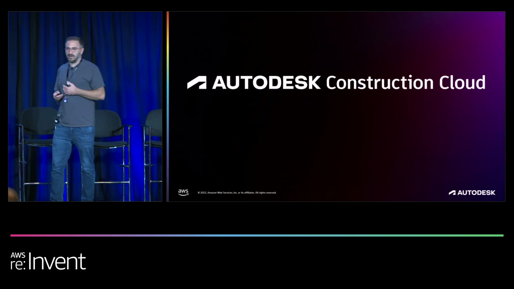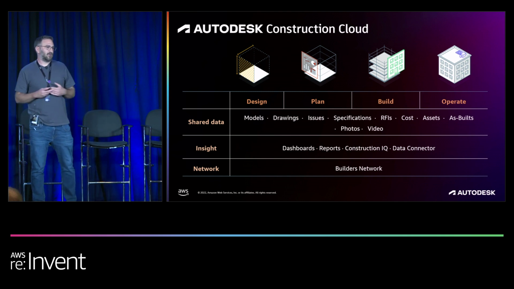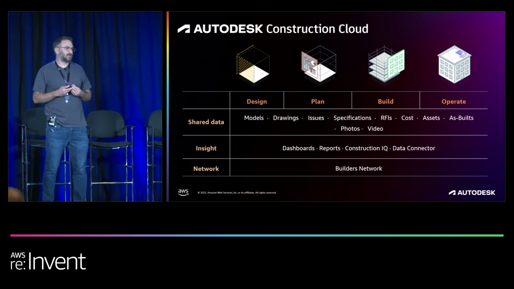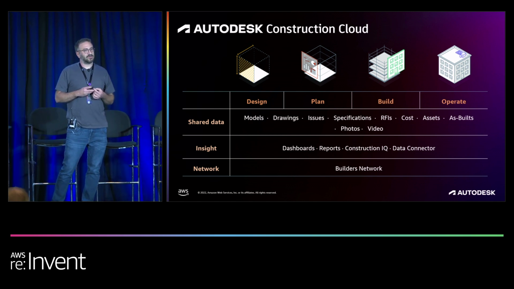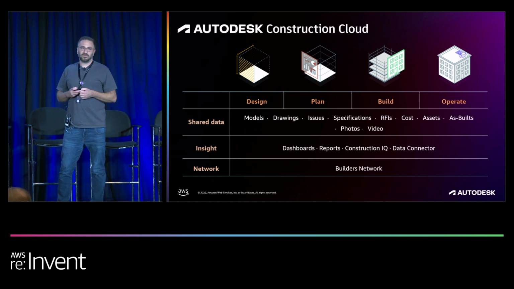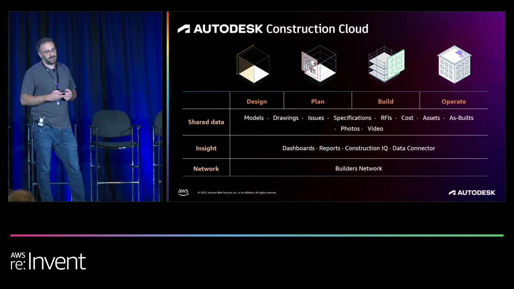So now let's talk about Autodesk Construction Cloud. Autodesk Construction Cloud is a cloud-based platform, which in a sense is similar to Google G Suite with Google Docs, Google Drive, or Microsoft Office 365 to help construction workflows, from the design phase to plan, build, and operate.